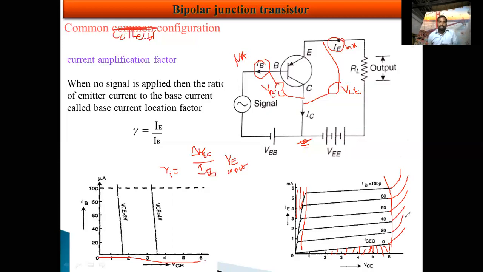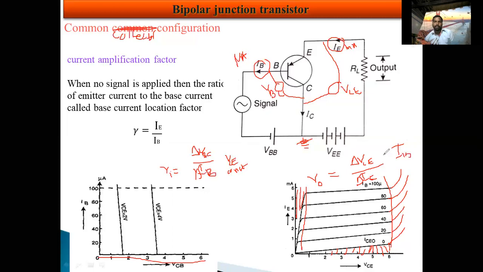From these characteristics, we can take the transistor parameter, output dynamic resistance R0. R0 is equal to delta VCE divided by delta IE, when IB is constant.